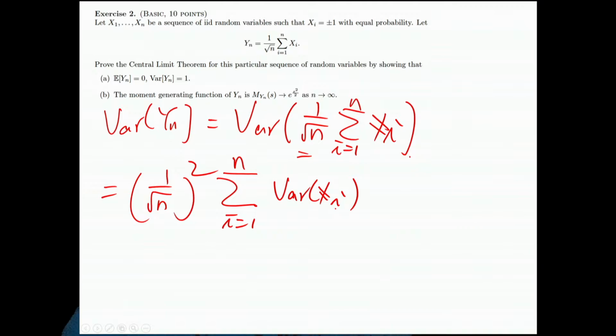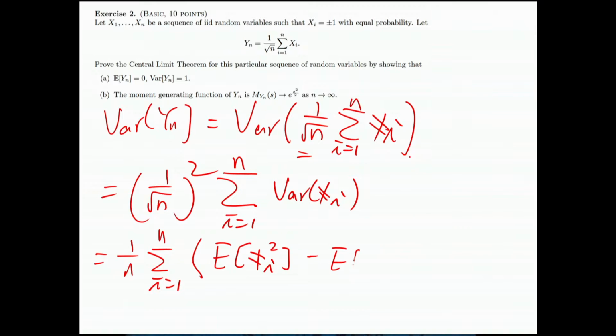And the variance of xi is the expectation of xi squared minus the mean squared, which is 1, summed over i from 1 to n, so the variance is 1.